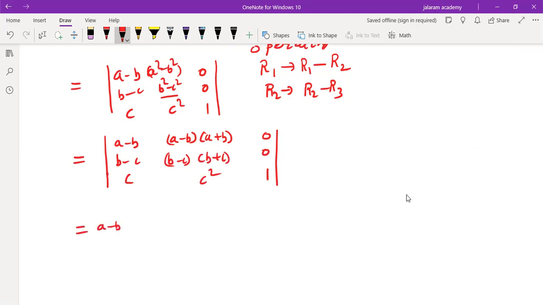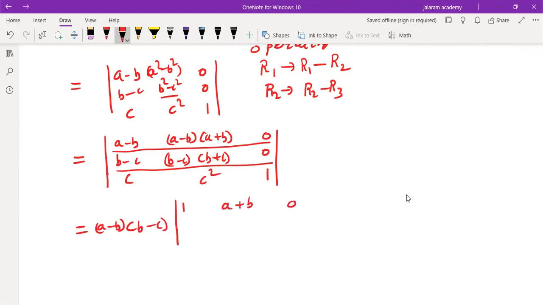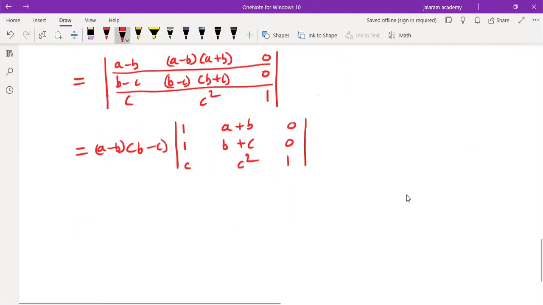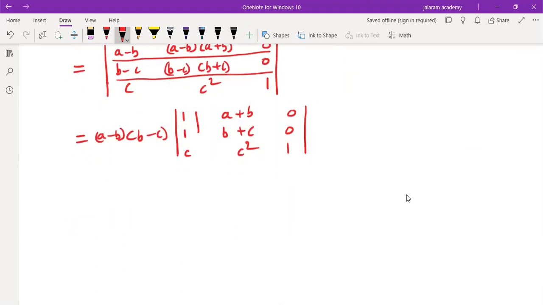Now we can take A minus B common from the first row and B minus C common from the second row. So 1, A plus B, 0; 1, B plus C, 0; C square, 1 will be there. Again, there are 1, 1, so we will again perform the same operation.